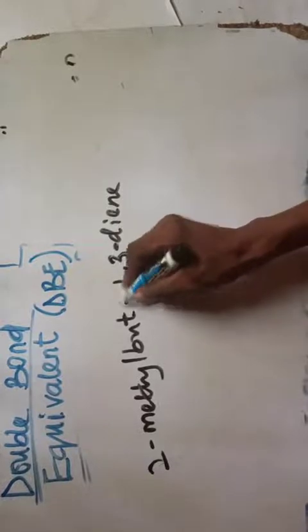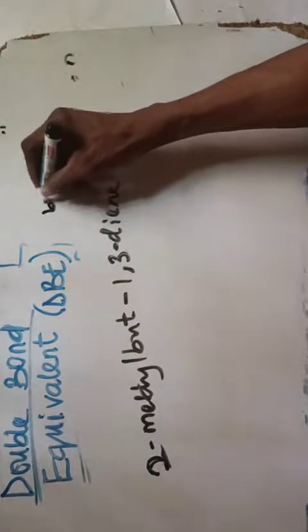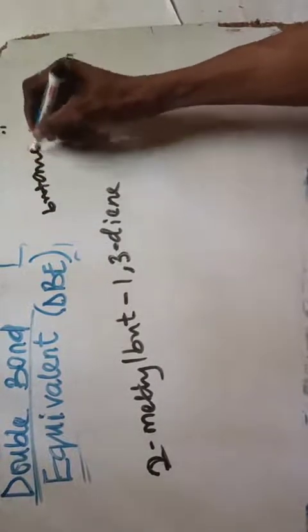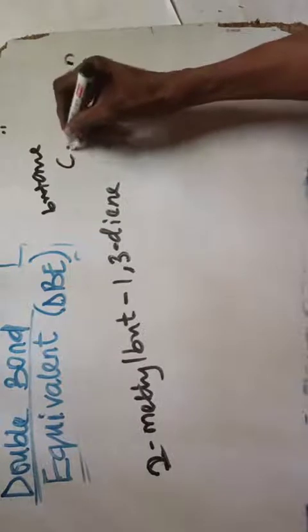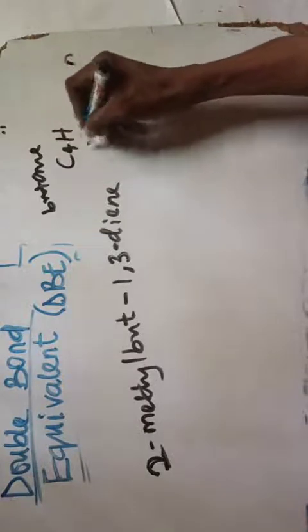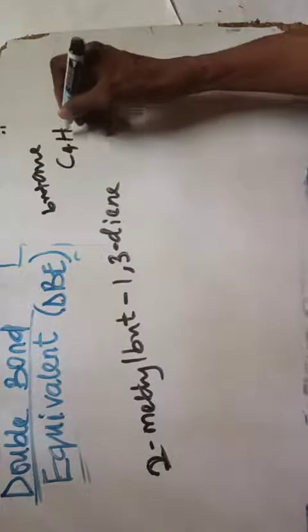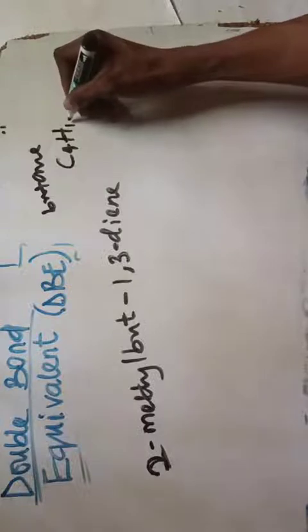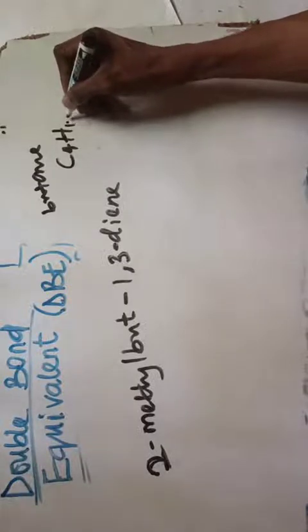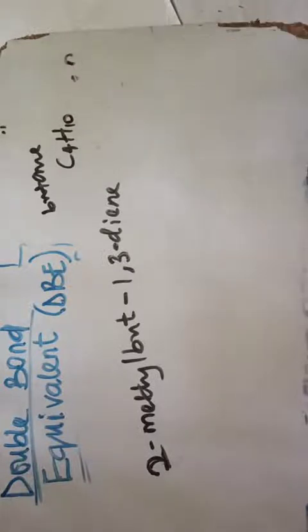Butane. You should know it's just butane. Butane is the original, and butane itself is C4H10. That is 4 times 2, 8, 8 plus 2, 10.